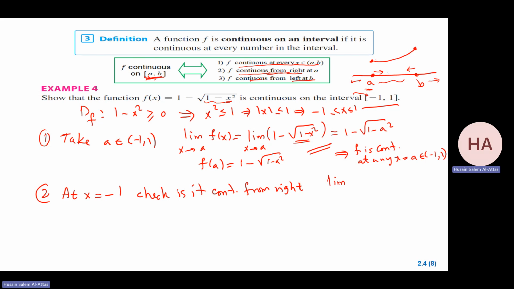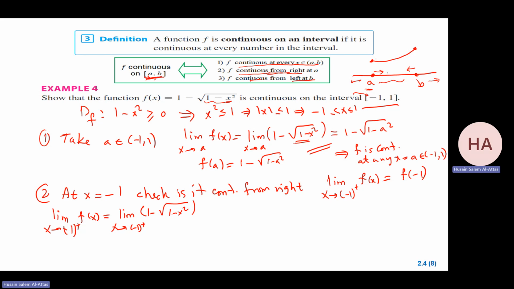So I need the limit as x goes to -1 from right of f of x to equal f of -1. The limit as x goes to -1 from right of f of x will be the limit from right for this function.